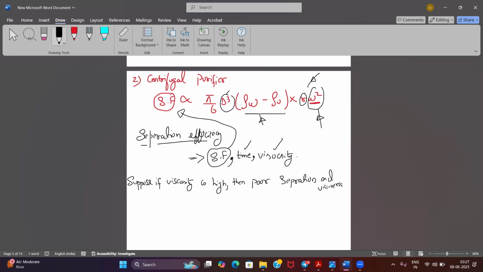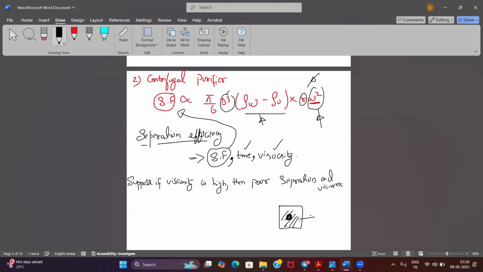So if I increase the temperature, the viscosity drops. If the temperature of the fuel oil inlet, what we are feeding into the purifier, is dropping, then the viscosity will increase. Suppose I have some oil over here, and this is a water molecule over here.